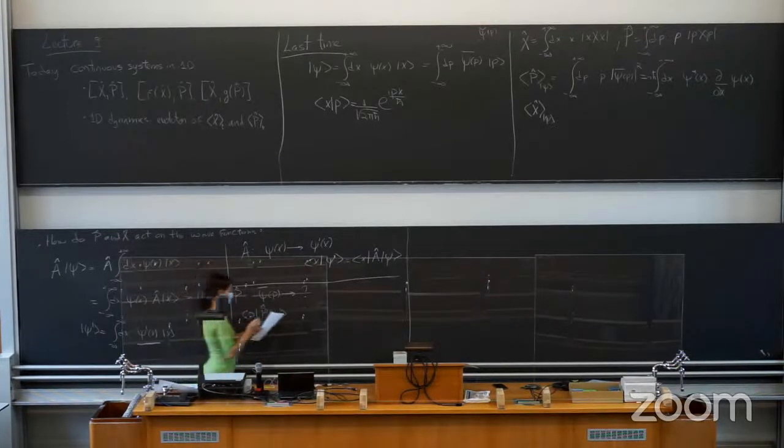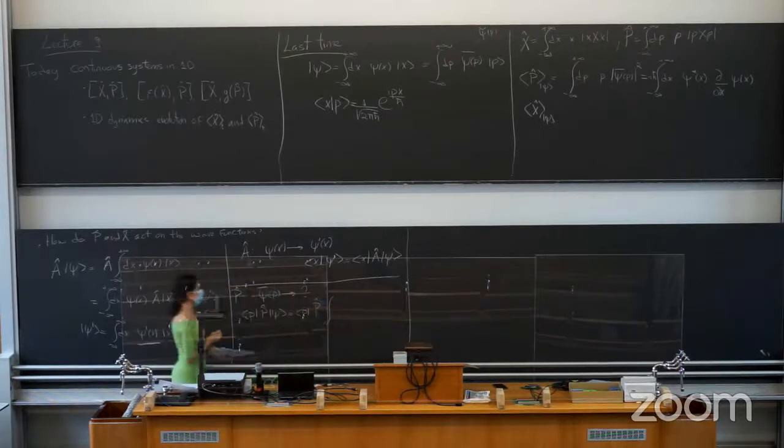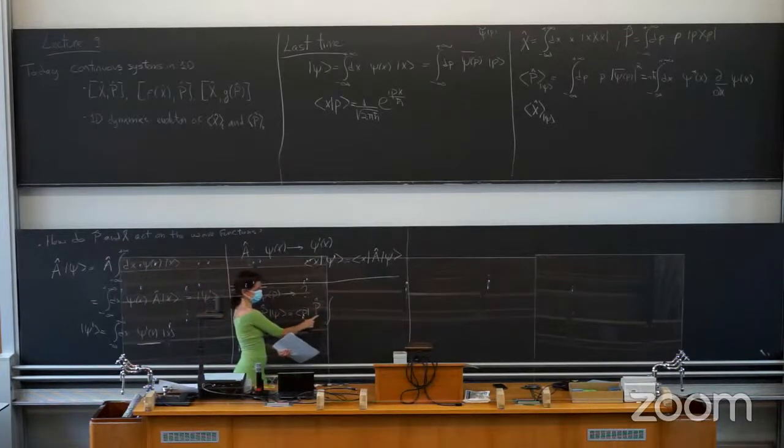Now we have the state and we choose, in what basis do we expand it? It's easier to expand it in the P basis because we know that P is diagonal in the P basis. So we expand it in the P basis.